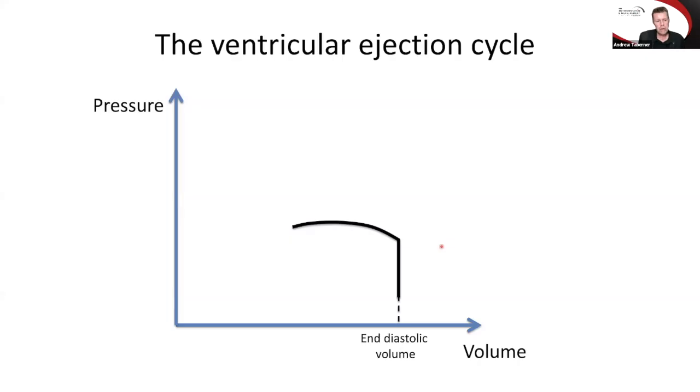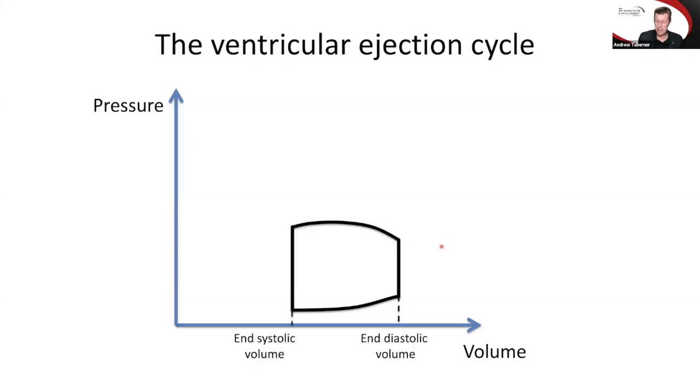And that reaches a point where it can no longer supply that pressure, and then the valves close, and the pressure diminishes. That is referred to as the end systolic volume. Then the heart is restretched by incoming blood, ready for the next beat.